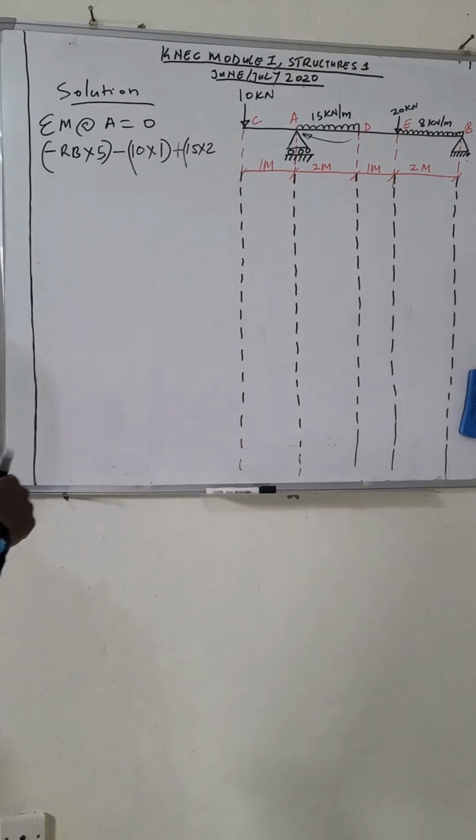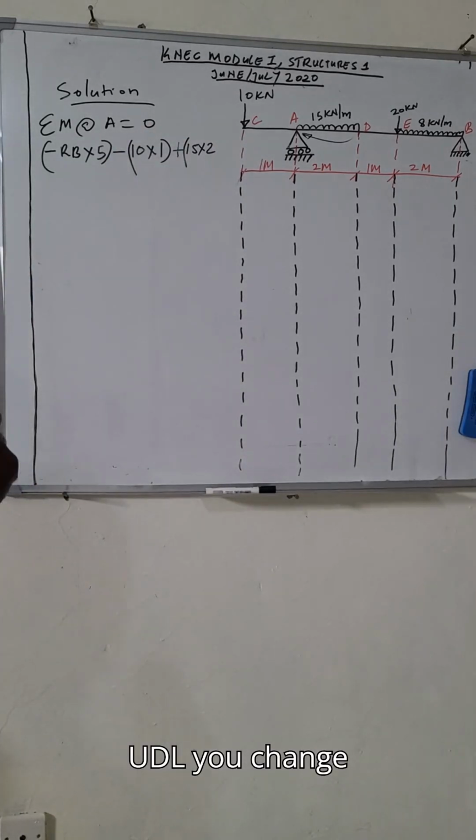When you are working with UDL, you change it first to a point load by multiplying the distance. And then after that, you will multiply by a half of that distance covered, because the bending moment for UDL acts at the center of that distance of UDL covered.